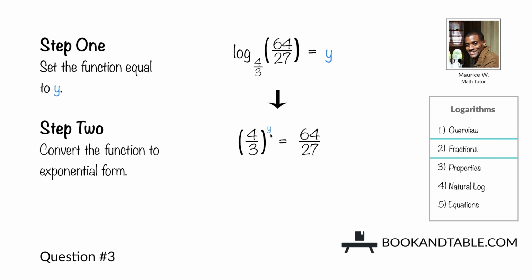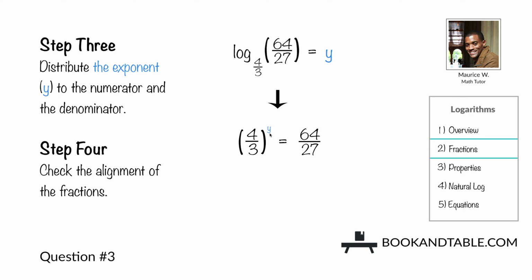Once we do this, step 3 is to distribute the exponent y to the numerator and the denominator, which would give us 4 to a power of y over 3 to a power of y, and that is equal to 64 over 27. Once we distribute that exponent, we now want to check the alignment of the fractions.